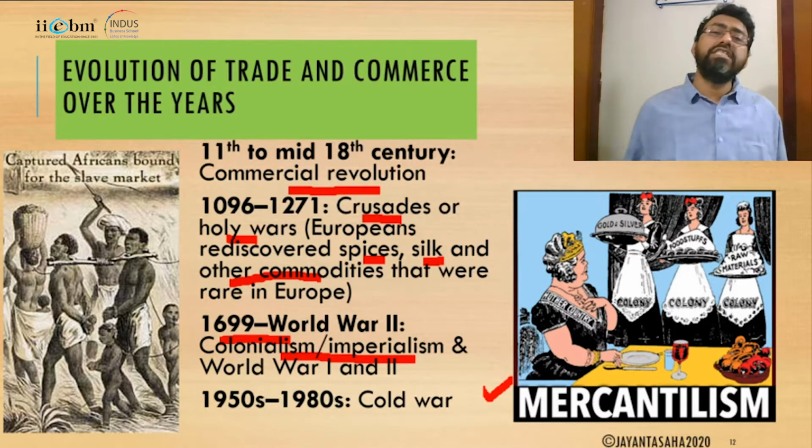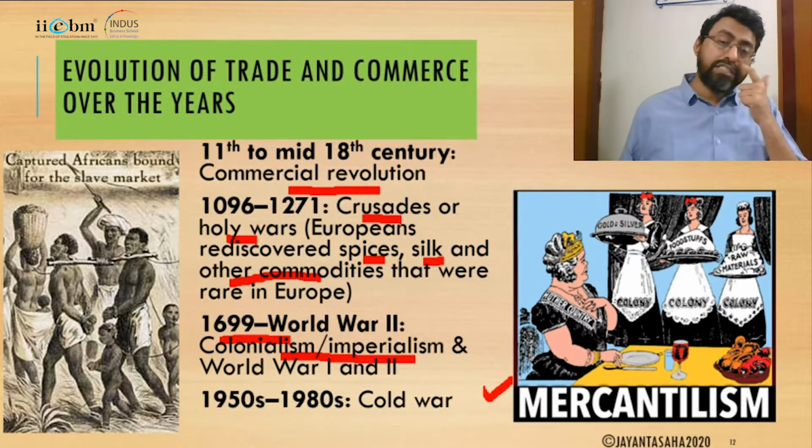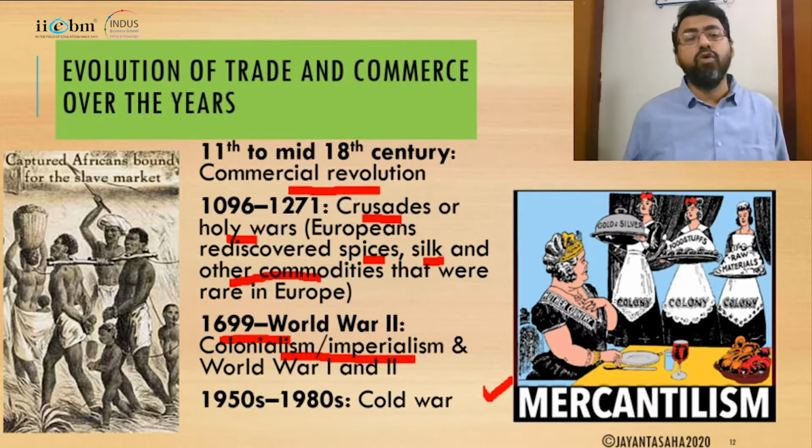So essentially, the history of trade has been a very long-standing one, and this mercantilism has basically been the mainstay of global trade for almost 3 or 4 centuries. So almost 1700 to a good part of the 1800s and well into the 1900s also.